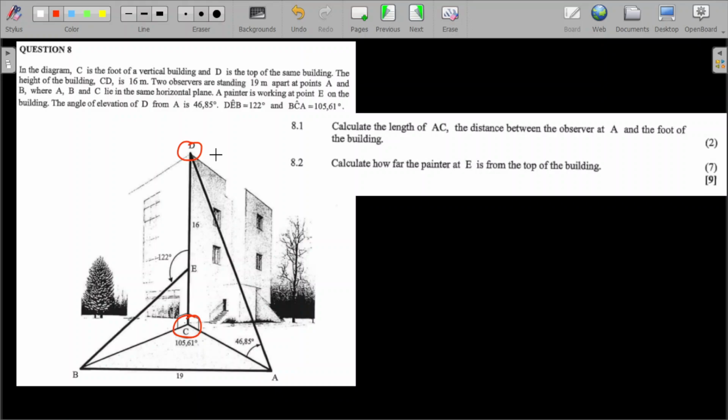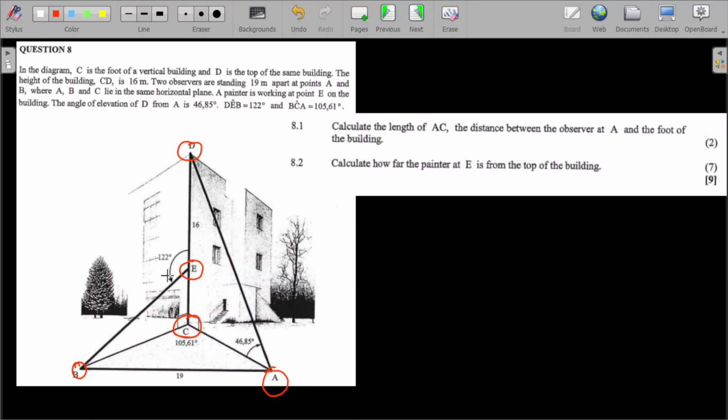Two observers are standing 19 meters apart, observer A and observer B, at points A and B, where A, B, and C lie on the same horizontal plane. A painter is working at point E on the building, and the angle of elevation of D from A is 46,85, and DEB is 122.